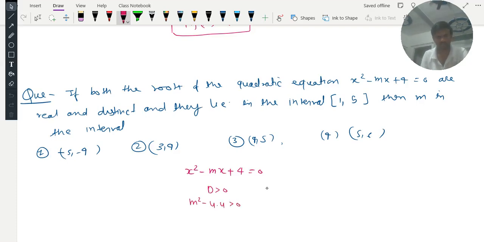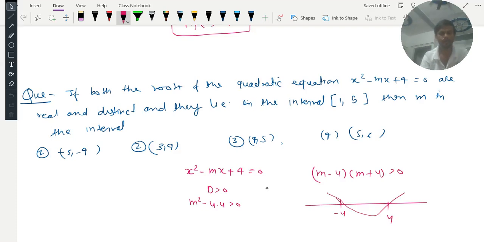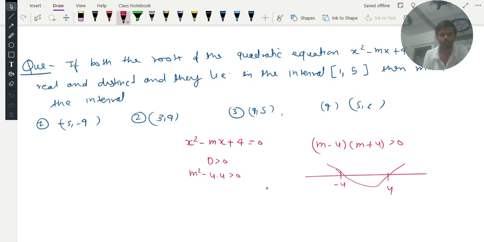From here this becomes (m minus 4) into (m plus 4) greater than 0, with critical points minus 4 and 4. So m belongs to minus infinity to minus 4 union 4 to infinity.